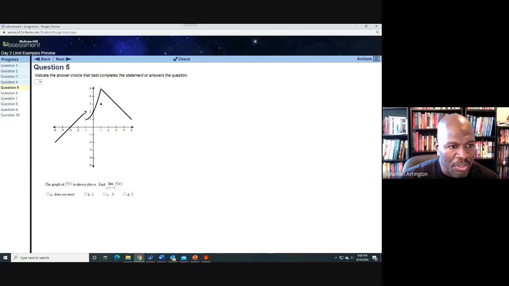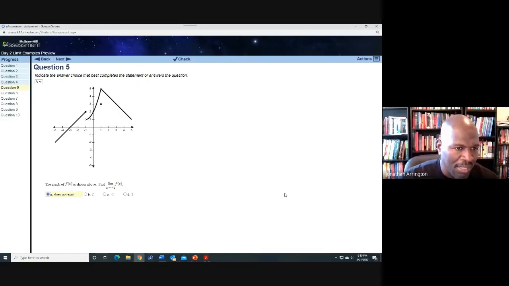So I was at 2 on the left, 1 on the right. What does that mean? That means the limit does not exist. Again, for the limit to exist, you have to be approaching the same finite number from the left and from the right. Okay, let's look at another example.